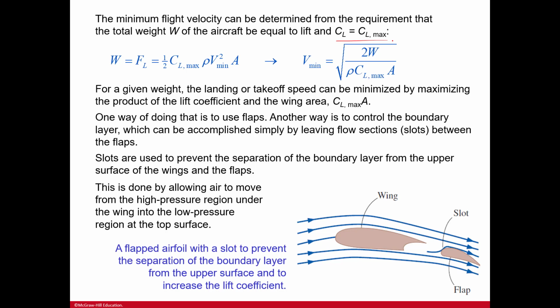Another way is to control the boundary layer, which can be accomplished simply by leaving flow sections, slots, between the flaps. Slots are used to prevent the separation of the boundary layer from the upper surface of the wings and the flaps, and this is done by allowing air to move from the higher pressure region under the wing to the lower pressure region on the top surface. So you see it goes under and over, right? You have that slot.